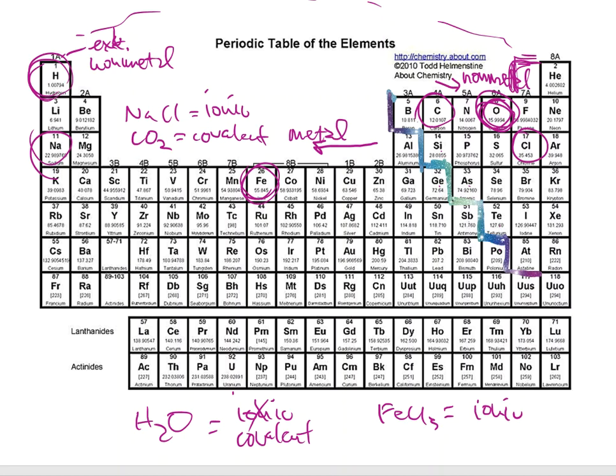Just bear with me. What about SO2? Okay, well, S over here to the right, O over here to the right. Both of these are on the right-hand side, so therefore this thing is going to be covalent. It's covalent bonding. That's all there is to it. That covalent bonding means the S and the O's come together. They share their electrons with each other.